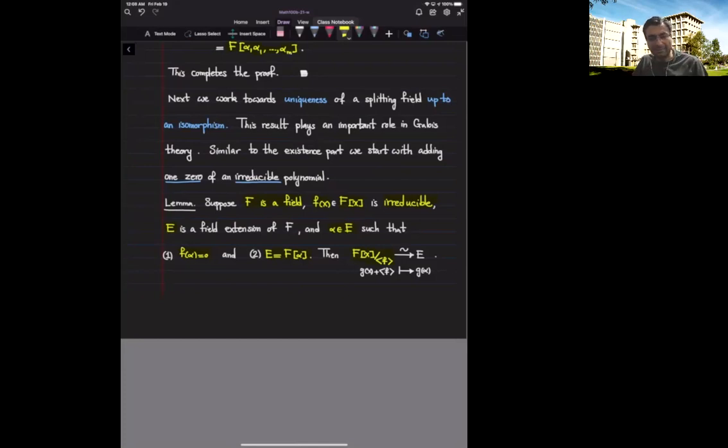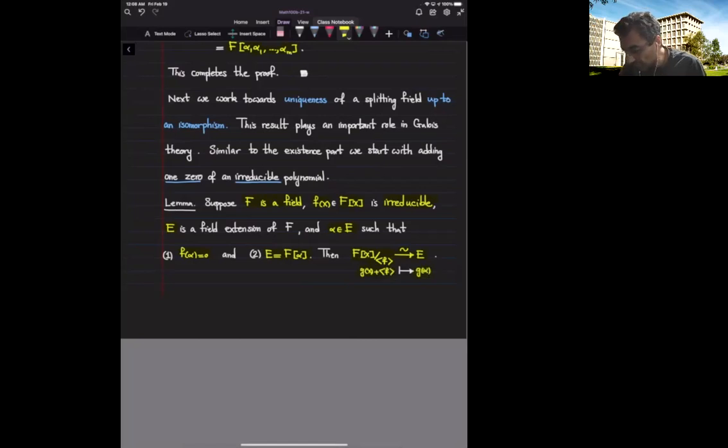Now we are going kind of the other way around. Suppose I give you a field extension, and I tell you that alpha is a zero of this, and E is generated by f and alpha. In that case, up to isomorphism, this is exactly the copy that we have in mind, meaning there is an isomorphism between the quotient ring of f bracket x by the ideal generated by f and this field that we have, and this isomorphism is nothing but the map that's induced by evaluation map, meaning I give you the coset represented by a polynomial, and I'm going to just evaluate it at alpha.